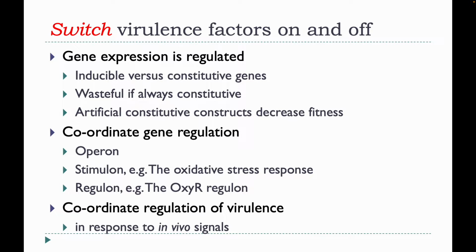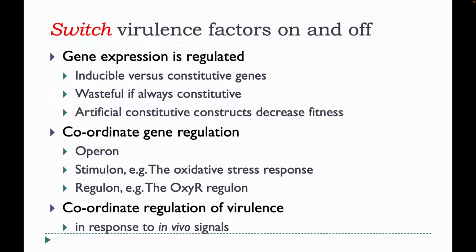So you get coordinate gene regulation. So you have operons, as we've mentioned before. There are these jargon terms, the stimulon and the regulon. So stimulon, you get a bit, sometimes mention that. People spend a lot of time studying how a bacterium responds to oxidative stress. What happens if you take a bacterium and dunk it in hydrogen peroxide?